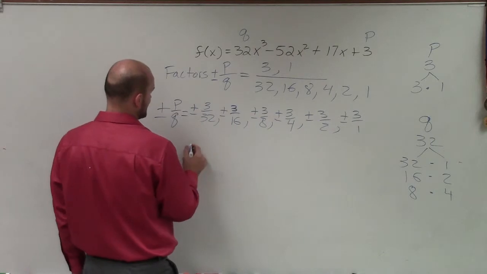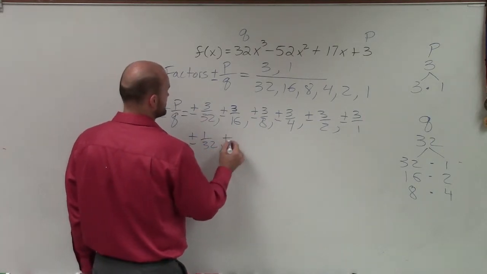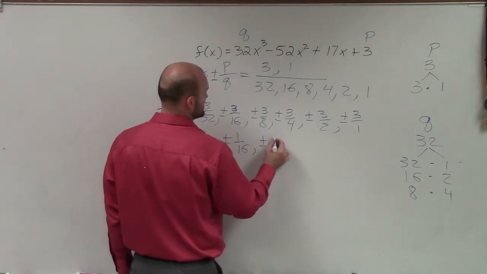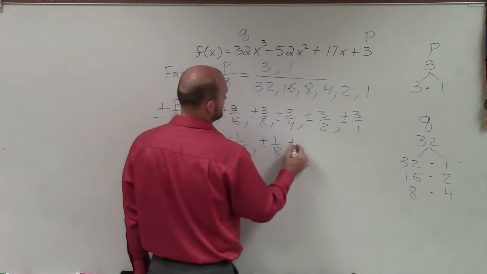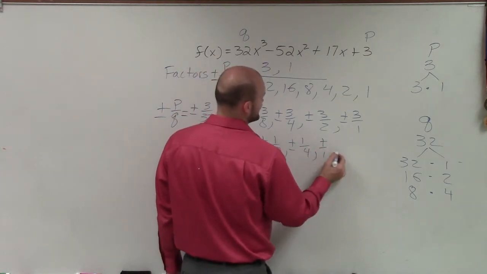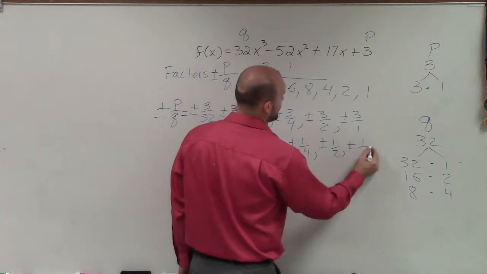And then continue on, plus or minus 1 over 32, comma, plus or minus 1 over 16, comma, plus or minus 1 over 8, comma, plus or minus 1 over 4, comma, plus or minus 1/2, comma, plus or minus 1 over 1.